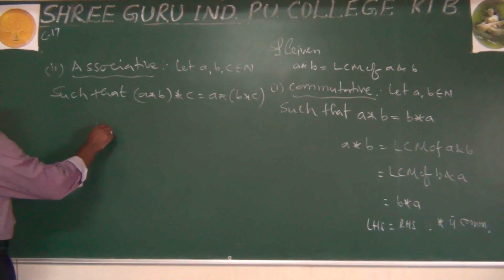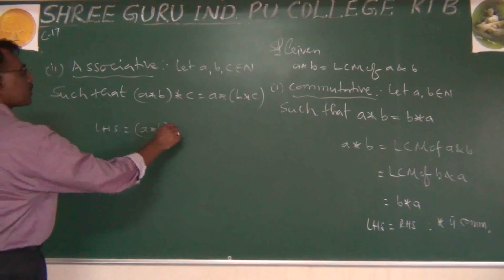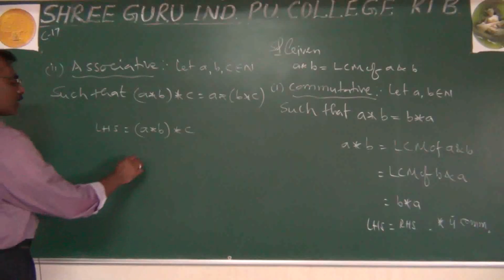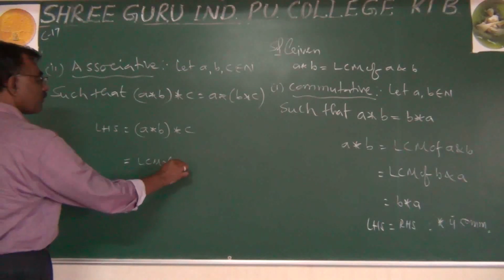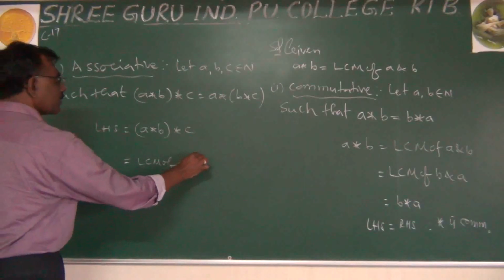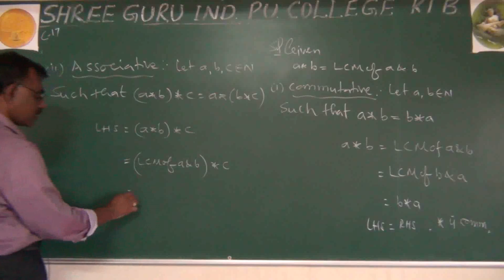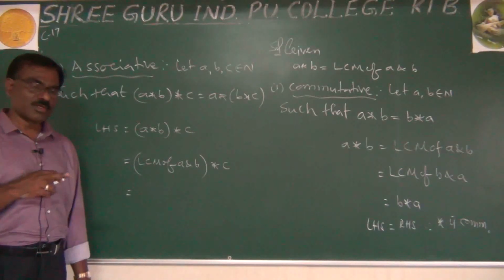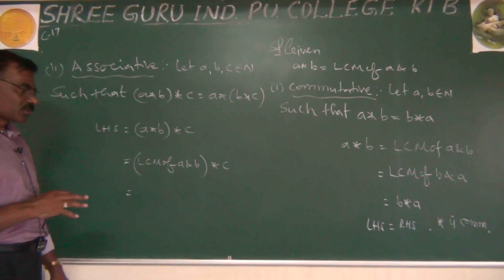Now let's start with the left side. (A star B) star C. A star B is LCM of A and B, star C. This associative property I already explained. Many problems are solved. Associative should take some substitution only. It is very easy to calculate.